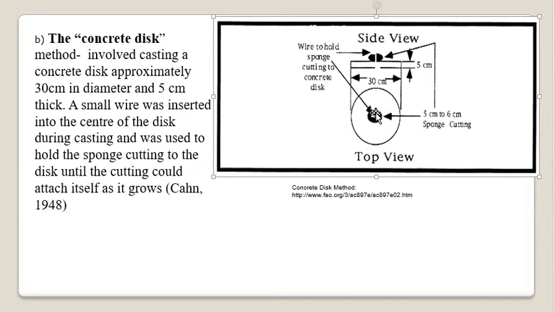Whatever wire is inserted into this sponge, or you can say the concrete disc, to which the small pieces of the sponges have been tied and attached, because these small cuttings are going to grow further. So this disc is settled down to the bottom, and the string or thread is found hanging into the seawater.